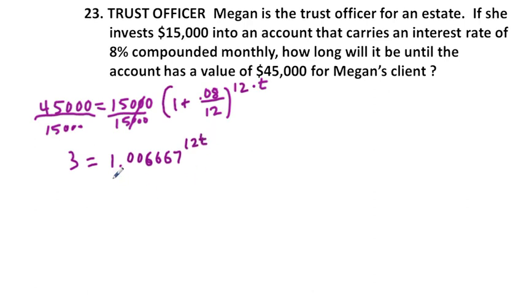And so what we're going to have is our base of our logarithm is going to be this 1.006667. So we say log base 1.0066667 of 3 is equal to 12t.